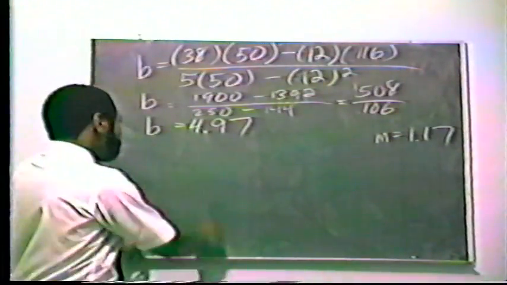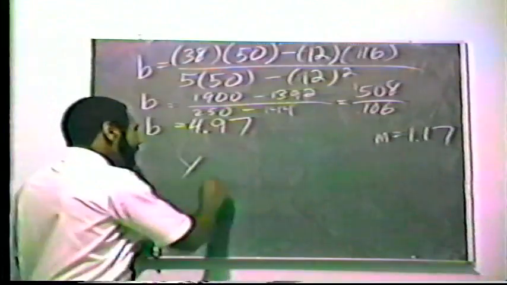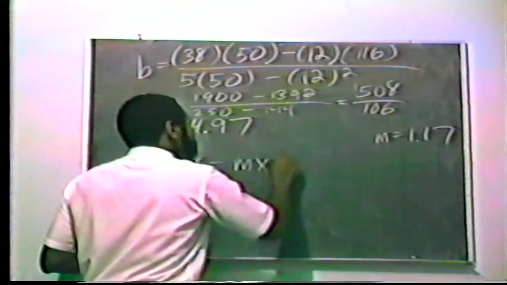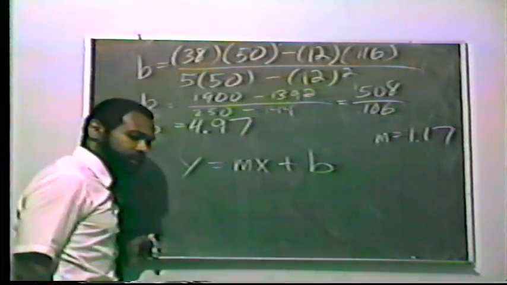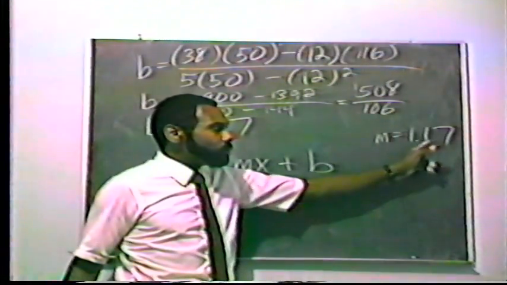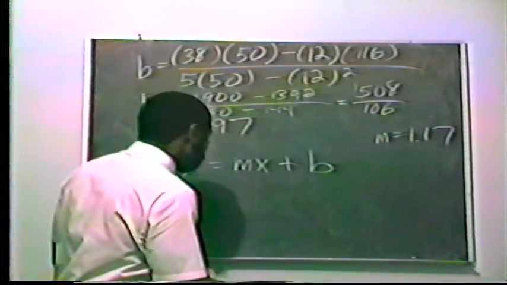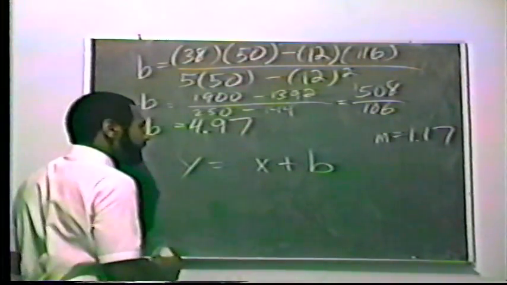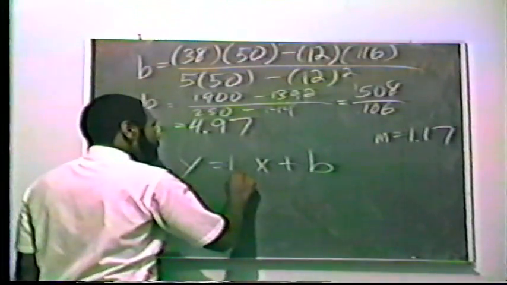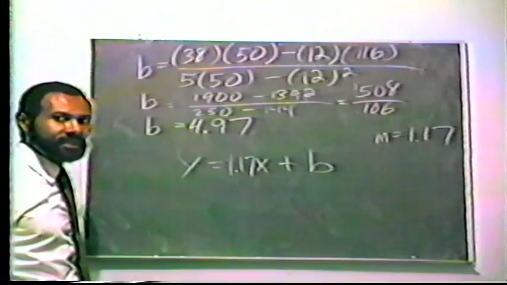Remember that the equation of any non-vertical line is y equals mx plus b. Now we know that m equals 1.17. So we simply erase the m, and in its place we put 1.17.